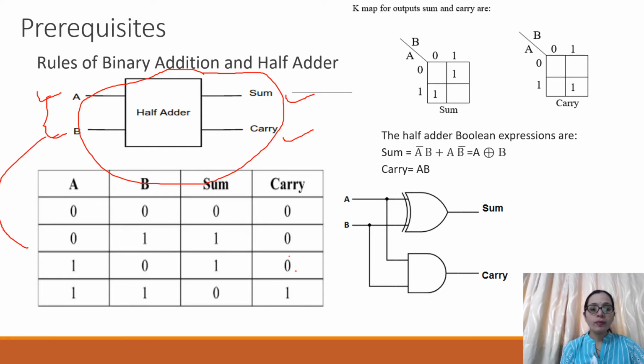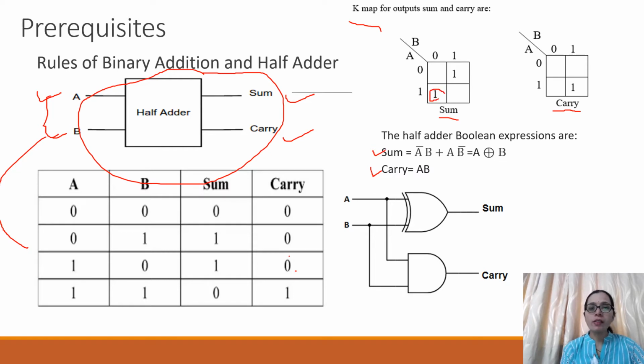After drawing the truth table, the next step is the K-map. Two K-maps are drawn, one for sum and one for carry. Two outputs, therefore two K-maps are drawn, and the expressions are obtained for sum and carry. How is the grouping done in a K-map? Adjacent ones are found, the maximum number of adjacent ones.